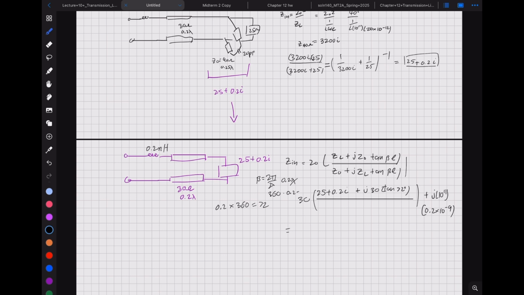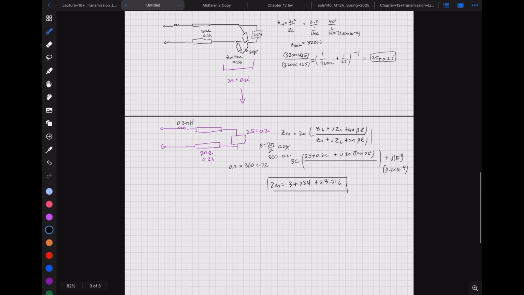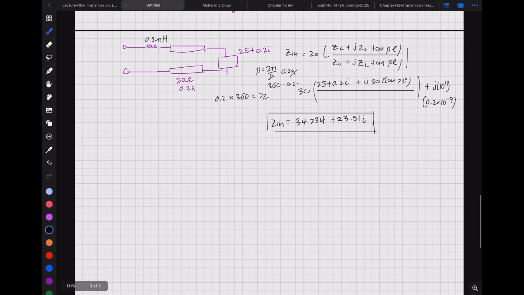We're going to end up with a Zin of 34.734 plus 23.51j. So that's our Zin.